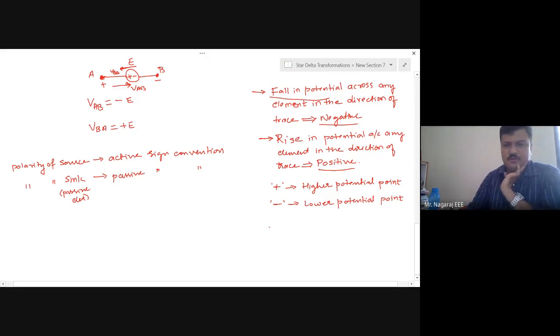Or if you want, we will write one more note here. Higher to lower potential point, that is, higher is positive, lower is negative, this is fall in potential.